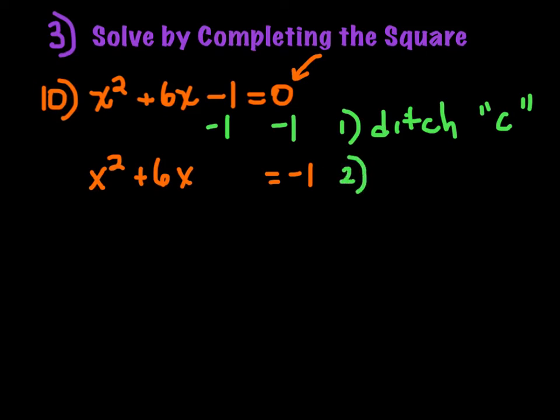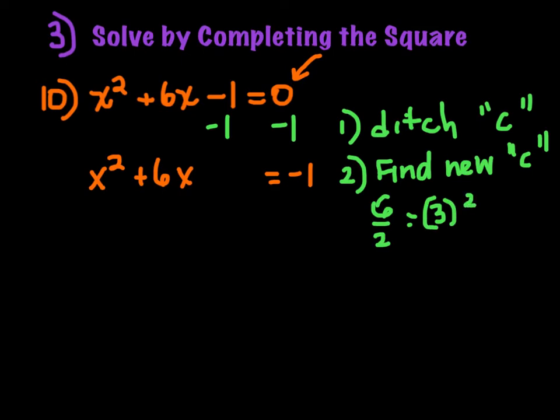The second step is to find the new c. So I'm going to take b divided by 2, that gives me 3, and I'm going to square it, that gives me 9. And I'm going to add that in here.